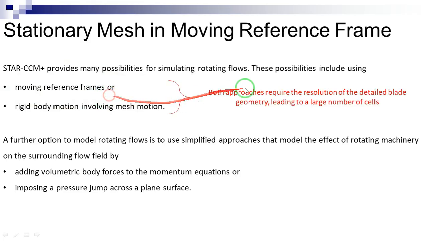A further option to model rotating flows is to use simplified approaches that model the effect of rotating machinery on the surrounding flow field by adding volumetric body forces to the momentum equations or imposing a pressure jump across a plane surface.